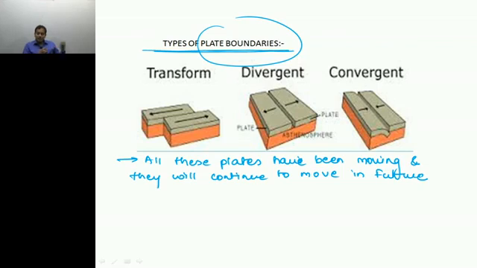These movements cause different kinds of tectonic activities, and these tectonic activities are largely concentrated on the boundaries of the plate, and therefore we study the different types of boundaries of the plate.